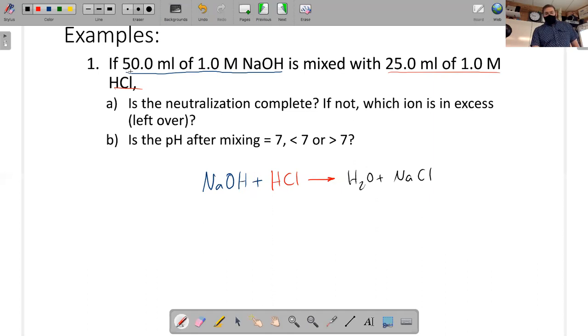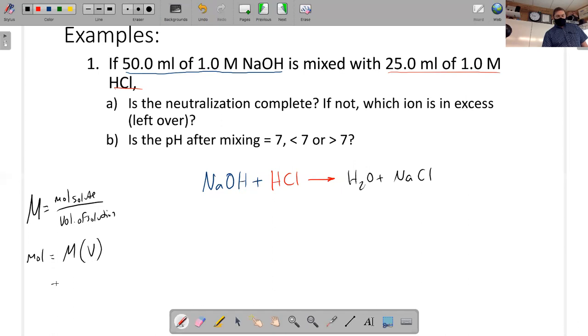This is a volume, 50 milliliters of 1 molar NaOH. The formula for molarity is the number of moles of the solute divided by the volume of solution. So that means that the number of moles is equal to the molarity times the volume. If I take the molarity, 1 molar, multiply it by the volume.